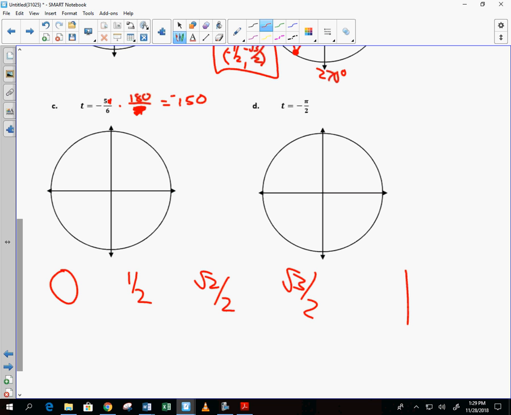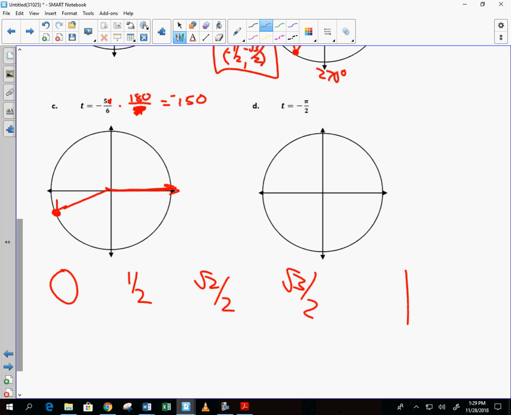If I go negative 150 degrees, how is that different than going 150 degrees? Opposite direction. So don't draw this, but 150 degrees would be like that, right? So negative 150 degrees would be like that. It's just the opposite direction. So what I'm trying to do right now is I'm trying to come up with this coordinate right here.